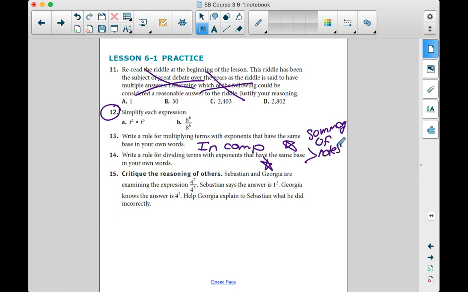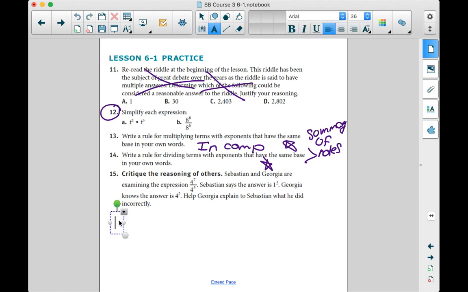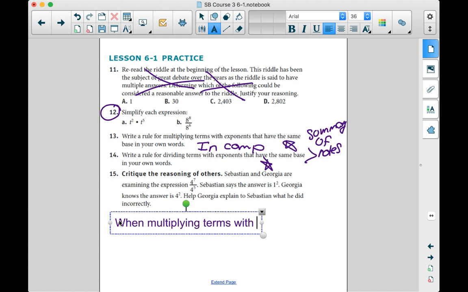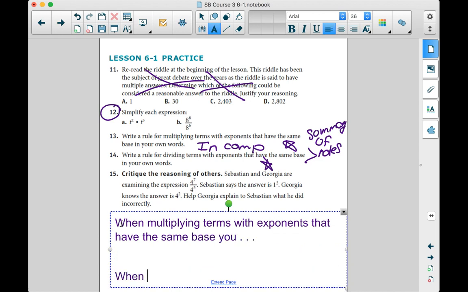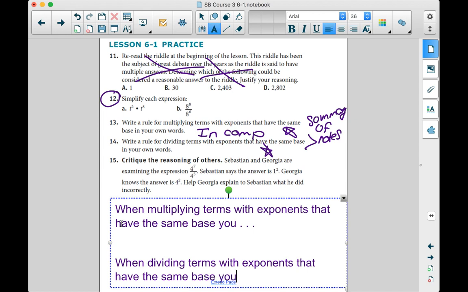And if you need it, which you may not, great sentence starters are: when multiplying terms with exponents that have the same base, and then your second sentence: when dividing terms with exponents that have the same base.